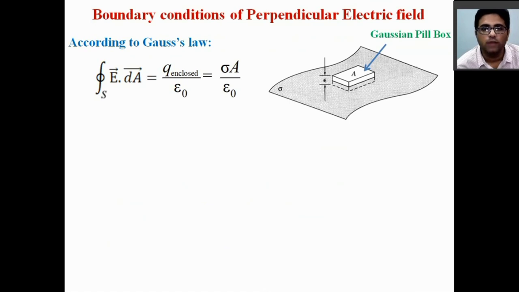Now here, to find the flux we have to construct a Gaussian pillbox, because this is a charged plane sheet. So the total flux through this Gaussian pillbox is the total charge enclosed by this Gaussian surface divided by the permittivity of free space, and the total charge enclosed is sigma multiplied by the area of the flat surface of this pillbox.